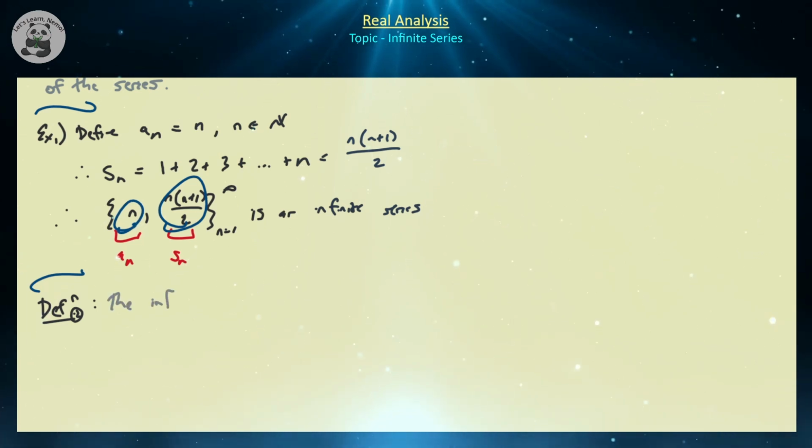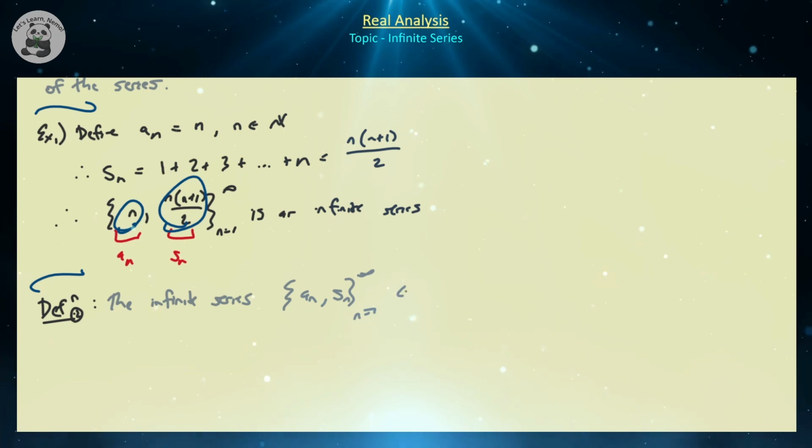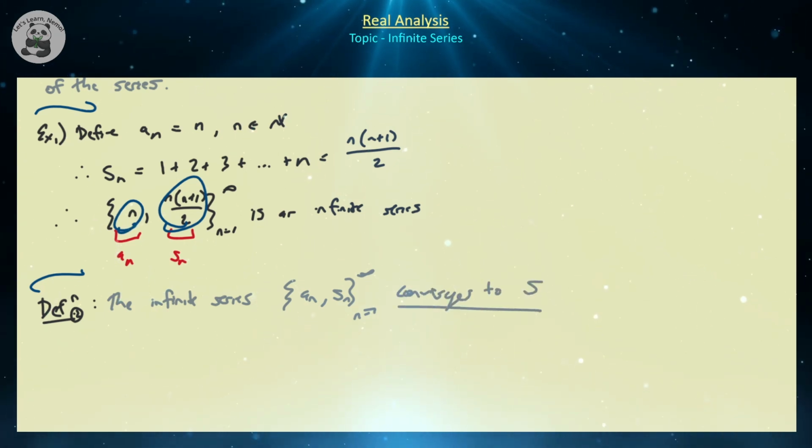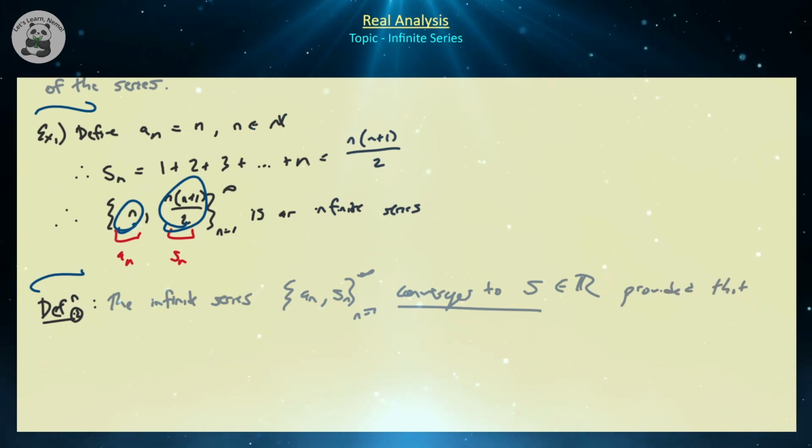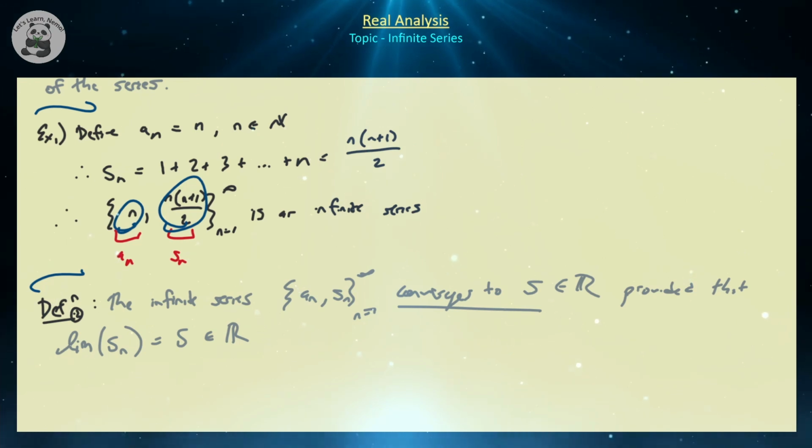The infinite series a_n, S_n from n equal to 1 to infinity converges to S. When we say convergent, we mean convergent to a real number, provided that the limit of the sequence S_n, let's call that limit S, belongs to the set of real numbers.